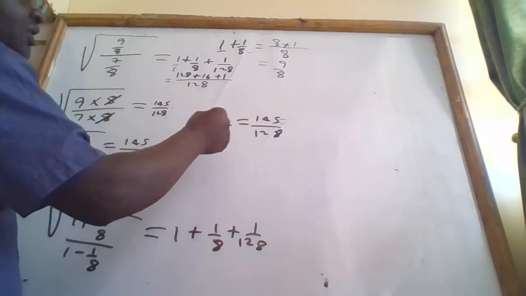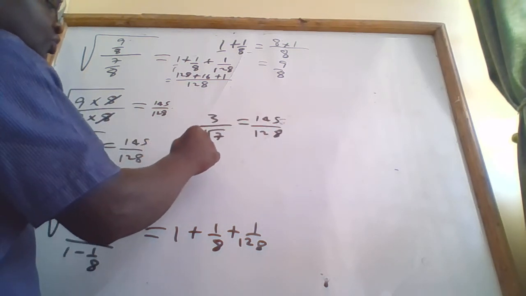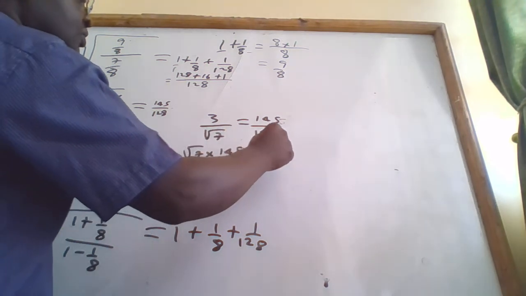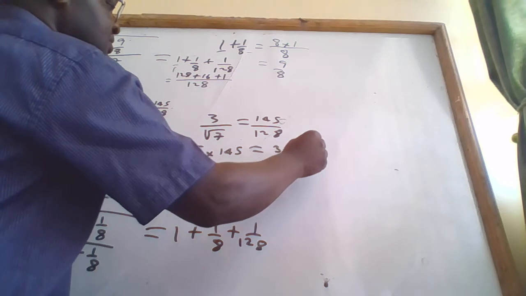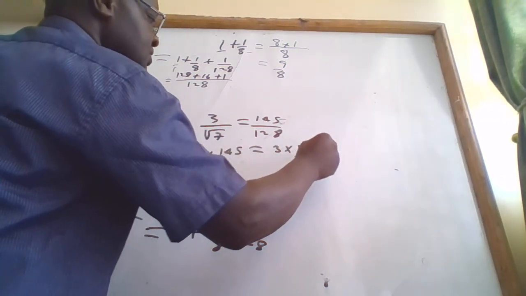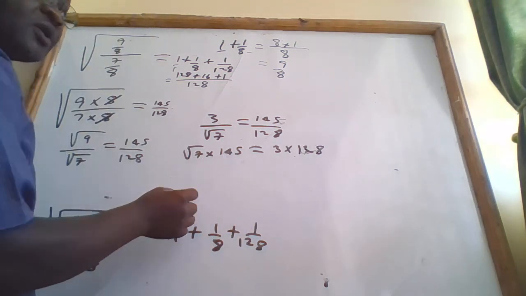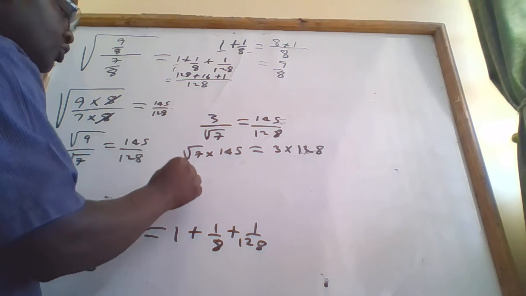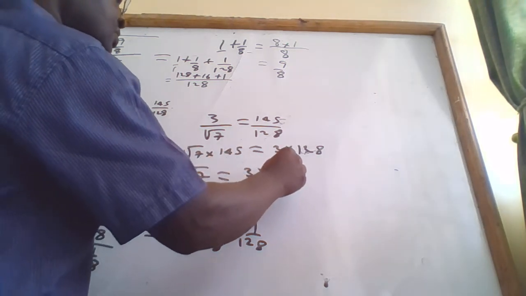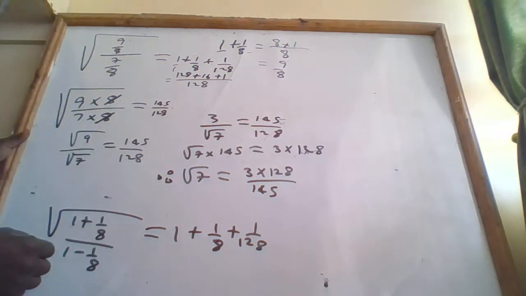So when we cross multiply, we have root 7 times 145 equals 3 times 128. So if you want to get root 7, we divide both sides by 145. Therefore, root 7 equals 3 times 128 over 145.